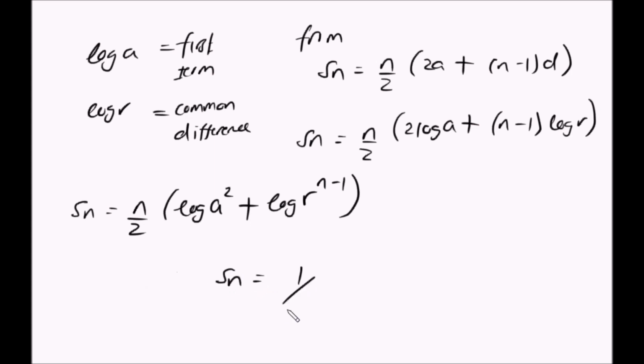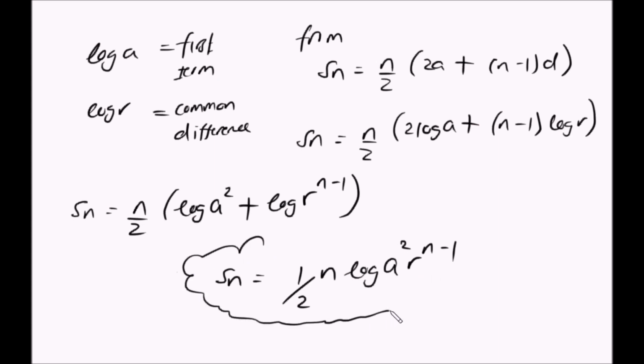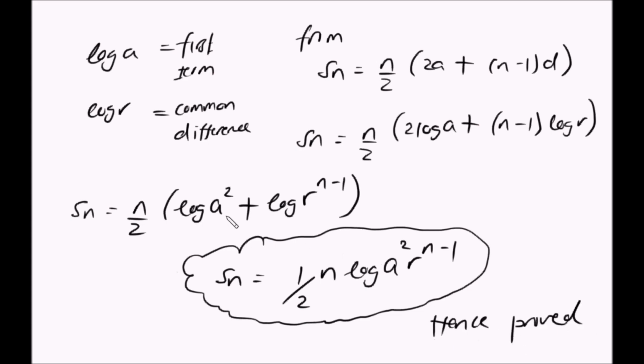Sn itakuwa ni sana 1 over 2n times, so itakuwa ni log a squared r^(n-1). Hence proved. Tunajua laws of logarithm zile ukijumlisha hivi sana uzidishe hivi. This is example 3 now.